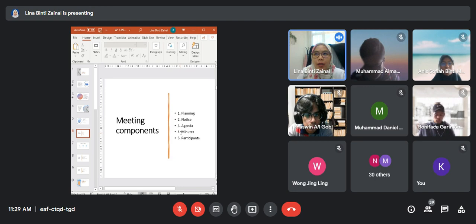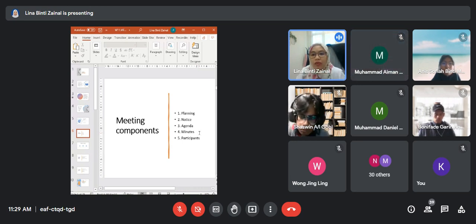And if that meeting is the second, third, or basically not the first meeting, you need to have the minutes of the previous meeting. Minutes means the report of the previous meeting.